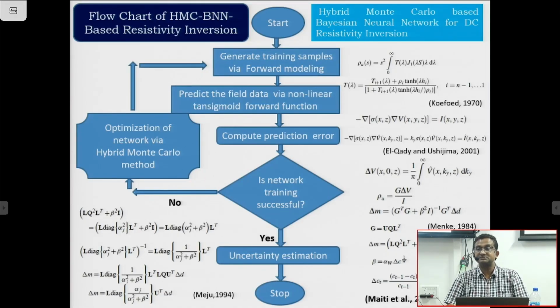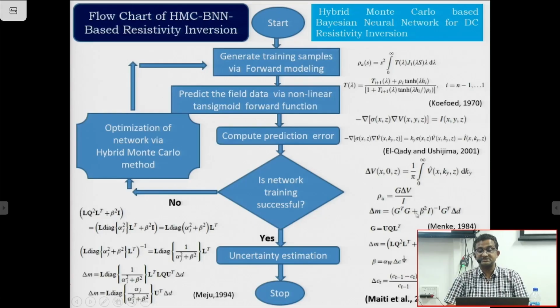So the problem here is that from the apparent resistivity data in your sounding, we need to find H, the thickness of each layer, and rho, the true resistivity of each layer. So these equations are the forward relationship.